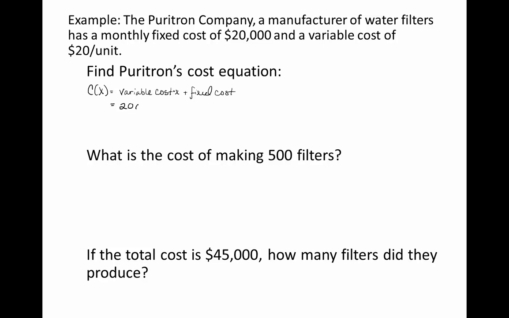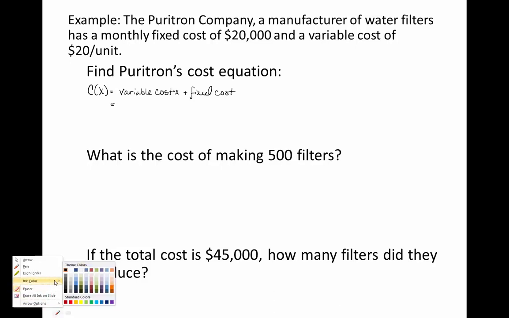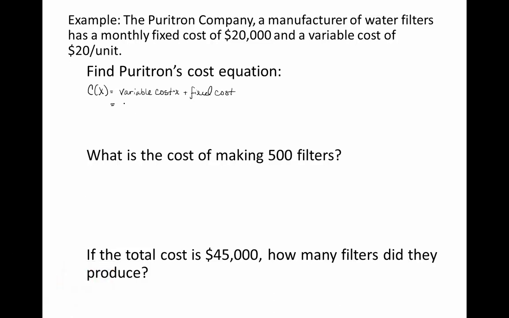So the first question says, find Puritron's cost function, and we're going to let the variable x denote the number of units produced. So as we learned before, total cost is fixed costs plus variable costs. Now to express that, the fixed cost from the paragraph above is $20,000 and the variable costs are $20 times x. That's the number of units that you're producing.